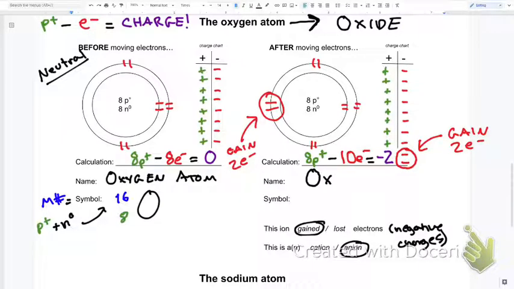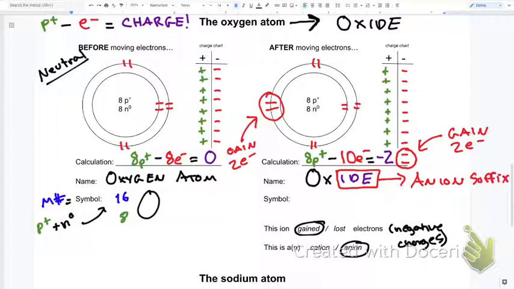And then we're going to add this newfangled suffix. It is IDE, oxide. Okay, so whenever we see this ending, this IDE suffix, this is the anion suffix, right? Every single anion is going to end this way. Anion suffix. Don't you forget it.